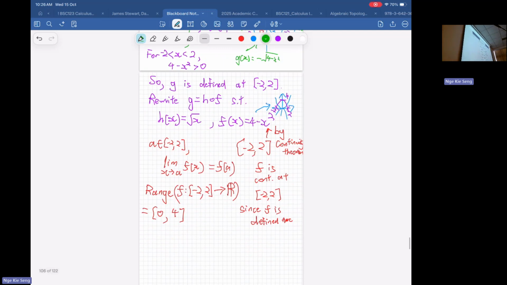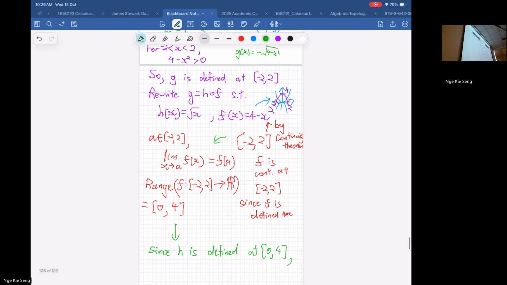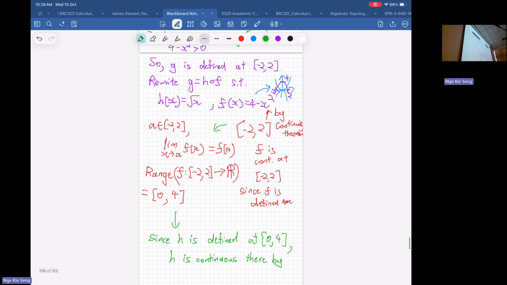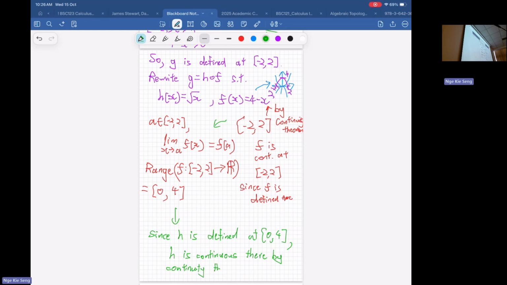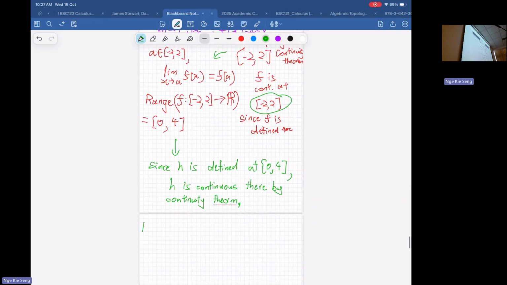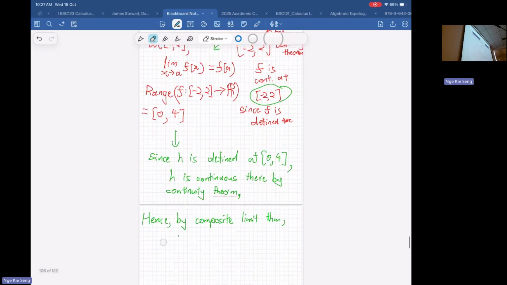Next step: since h is defined on the interval 0 to 4, and h is continuous, again by continuity, altogether the whole function is continuous on -2 to 2, so hence by the composite function theorem, and no, not h anymore, we call it g.